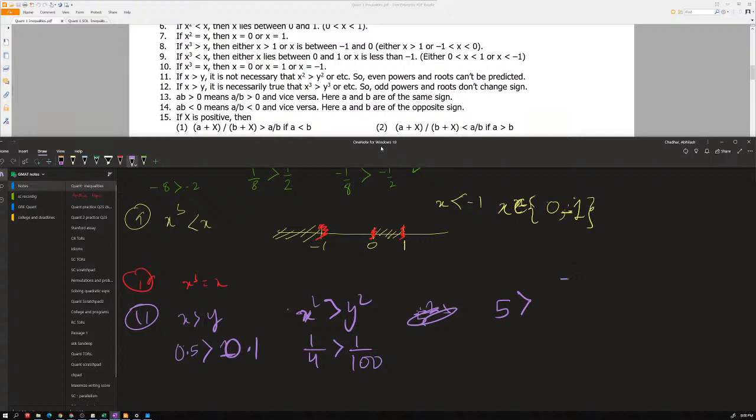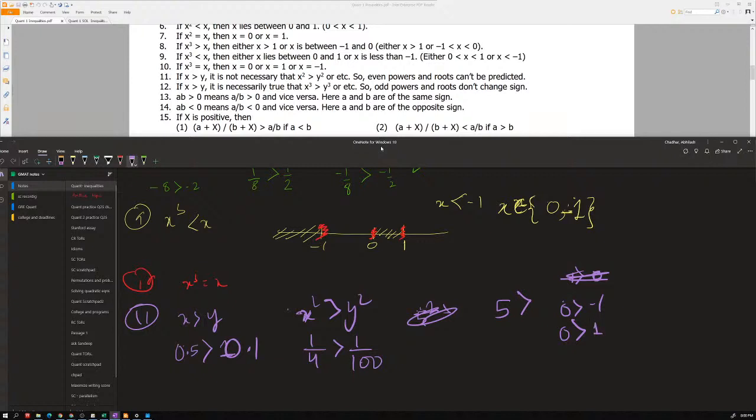Okay, so like minus 1 is greater than 0, minus 1 square, sorry, 0 is greater than minus 1, 0 square is 0, and 0 is greater than minus 1 square, which is 1, right?